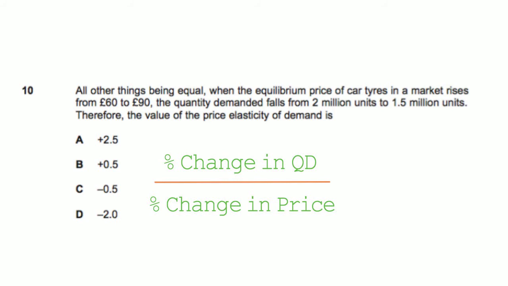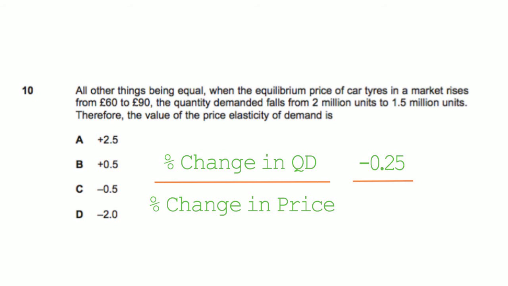So to work out the percentage change in quantity demanded, we do the new quantity demanded minus the old quantity demanded divided by the old quantity demanded. So we have 1.5 million minus 2 million divided by 2 million. And this gives us a value of minus 0.25 or minus 25%. And we work out the percentage change in price in a similar way.